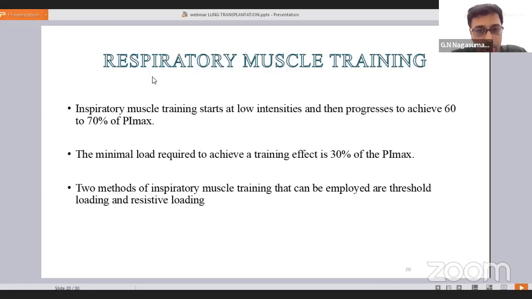We need to check properly the diaphragmatic activation, intercostal activation, and whether the patient is using accessory muscles. If he is using accessory muscles, scalene muscles or sternocleidomastoid muscles, we need to calm down those muscles and properly activate the intercostals as well as the diaphragmatic muscles.